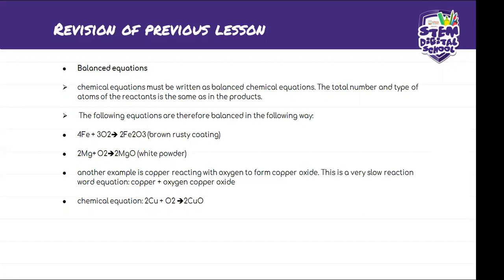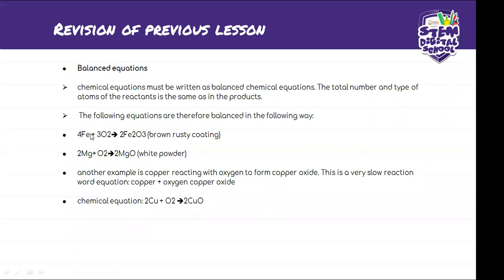If I check my iron on the left, Fe is 4, then it should be balanced with that on the right, which is 2 times 2 to give us 4, and then 2 times 3 will give me 6. So how will it be balanced here? I put 3 in front, which is the coefficient. So 3 times 2 will give me 6.